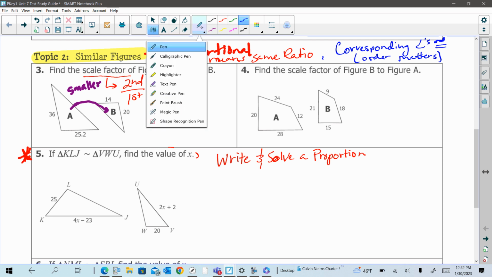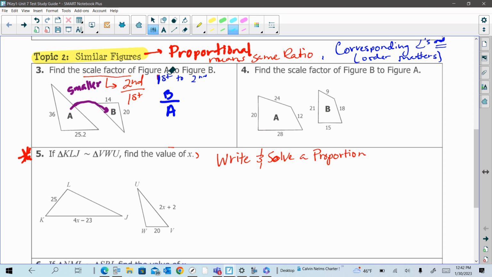All I need to do is match up parts. To me, it's easier if you just find the biggest side or the smallest side. Like this is my biggest side in B. It has to match up with the biggest side in A. I'm not doing this any further.